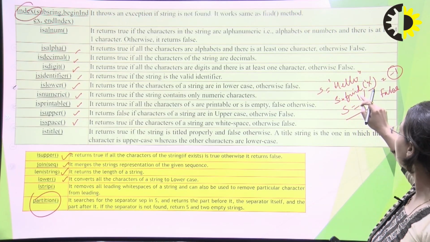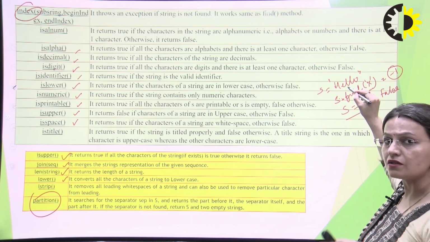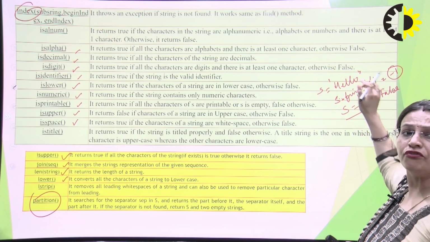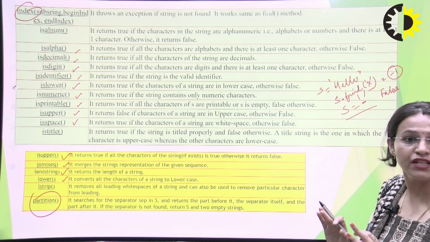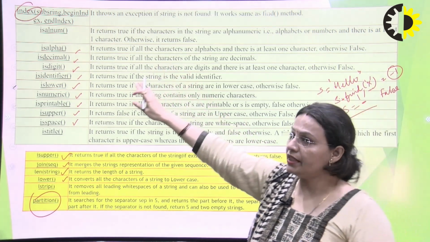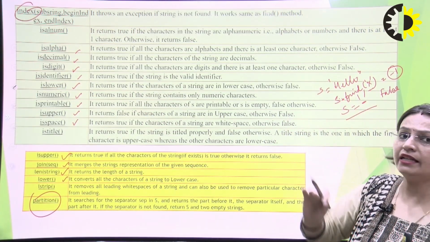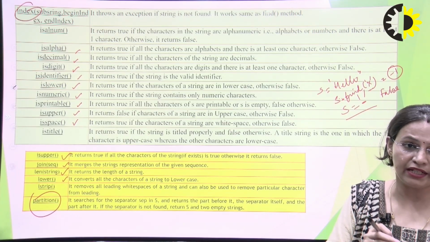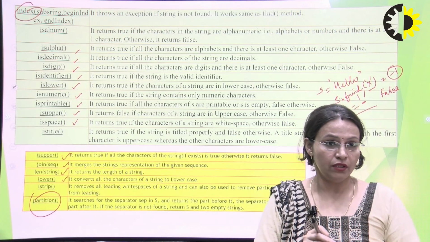So this simply means that if the substring appears in the string, then it will return me the index. If that substring is not found in the string, it will return me -1 as a value, meaning the string is not found. But in case of index, if the substring is found in the string, it will return the index of the substring.